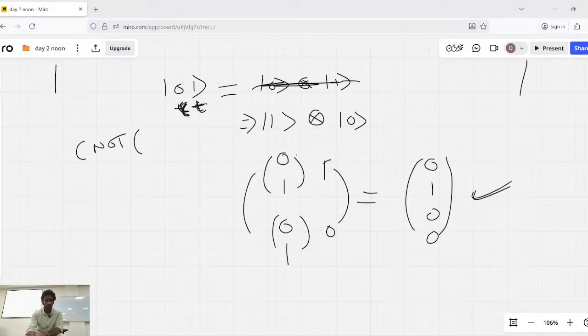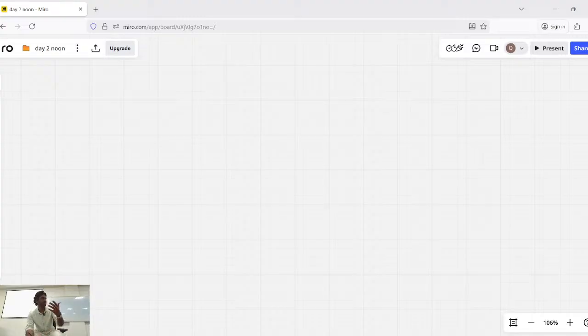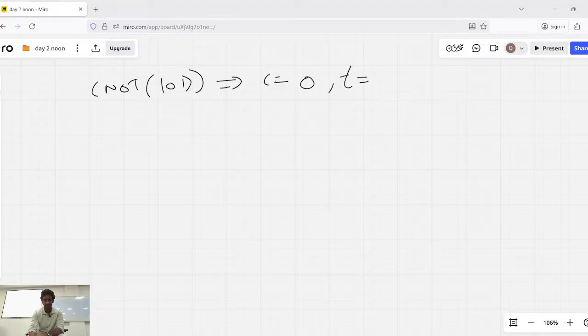Now let's try to do C naught of 0 and 1 in this particular convention. In this convention, the C naught of 0 and 1 will look like this. You can take C naught of 0, 1, which says that control is 0 and target is 1.